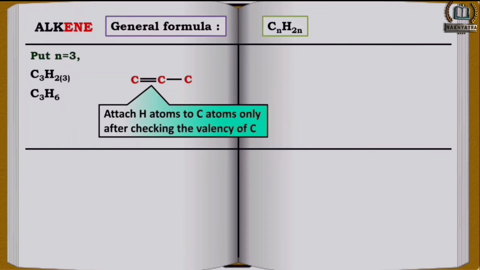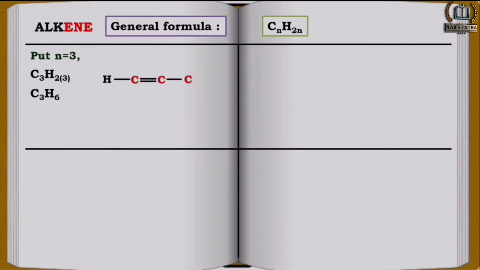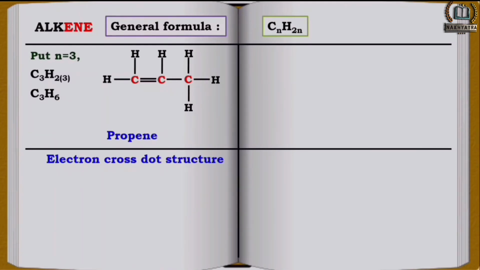Now attach the hydrogen atoms to carbon atoms only after checking the valency of carbon. Keep this in mind. So we will put the hydrogen atoms. Okay, now the compound is propene.